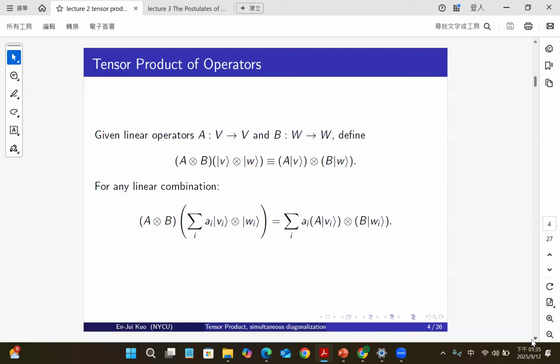And the third one is that this is the larger vector space. So you can study the linear transformation on this vector space.